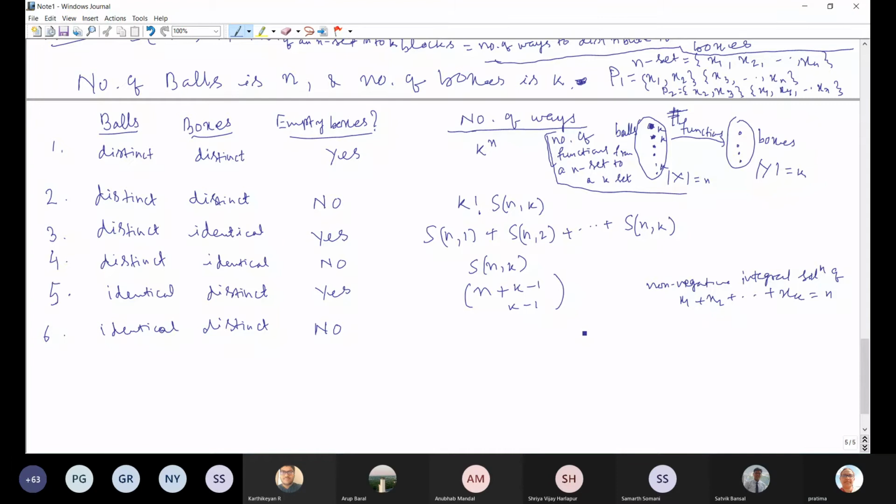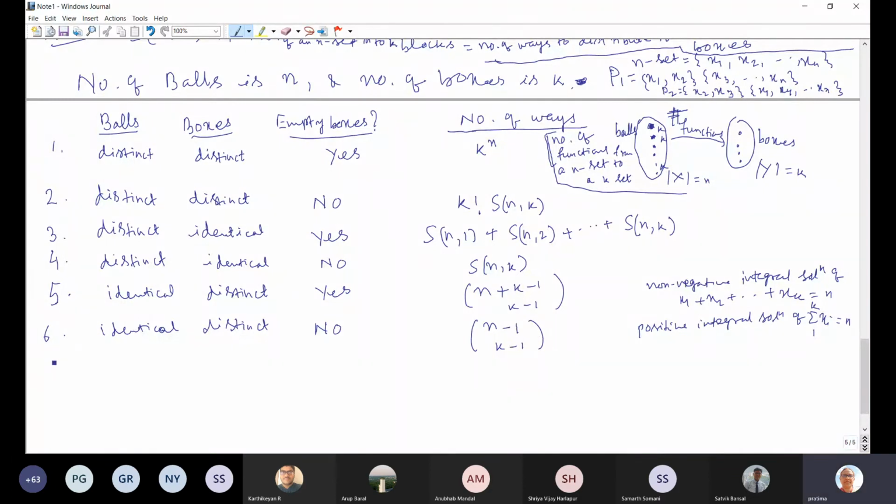You'll get N minus 1 C k minus 1, with positive integral solution of this summation of xi equal to n, i from 1 to k. Okay, so what was that number? N minus 1 choose k minus 1. Yes, you are right.